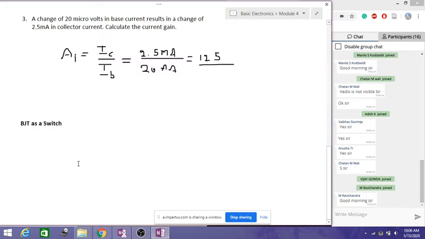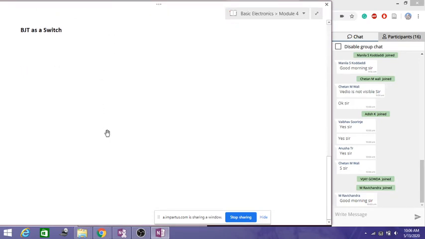For the transistor to work in the active region, just a minute, I'll draw the output characteristic graph so that it is very clear when I talk about these topics. If you look into the output characteristic graph of the common emitter configuration, this is my output voltage VCE, and this is the output current IC.